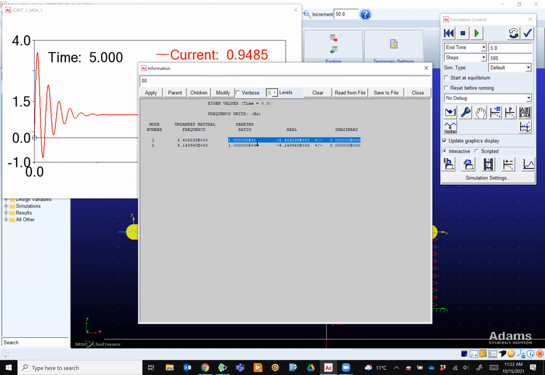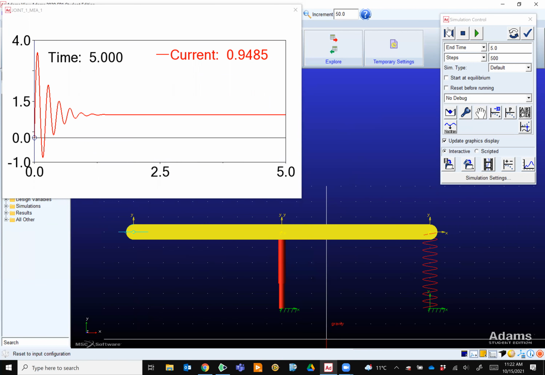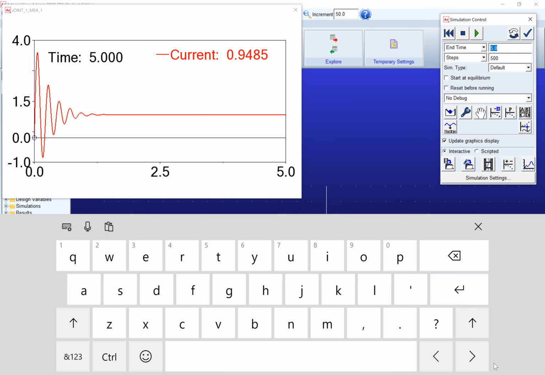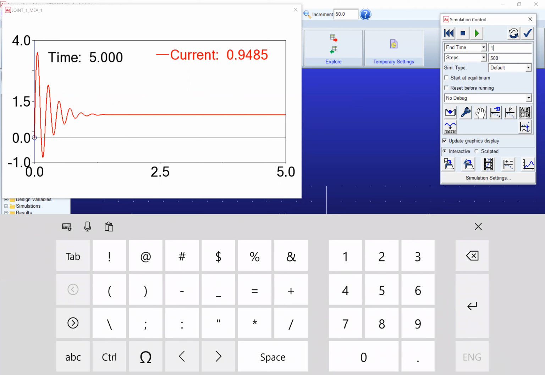Probably with this font, you cannot see. But anyway, all the information is here. Now with a very high damping ratio, probably it's just going to quickly return back. Maybe I don't even need that much time running the simulation. Maybe just 1 second will be enough.